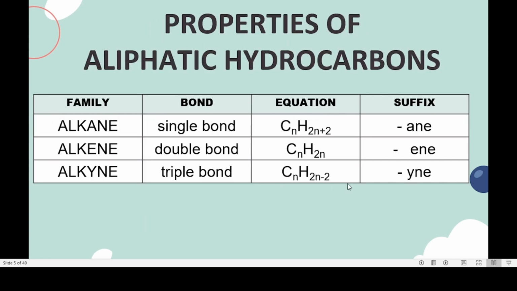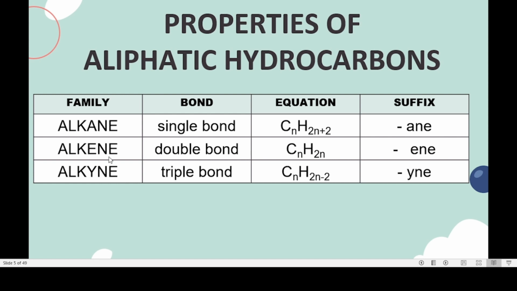In order for you to get the molecular formula, you must use the equation CnH2n+2. In naming the alkane, you must use the suffix ane to determine whether it is alkane, alkene, or alkyne.